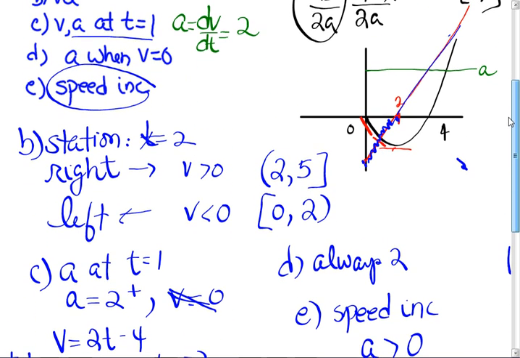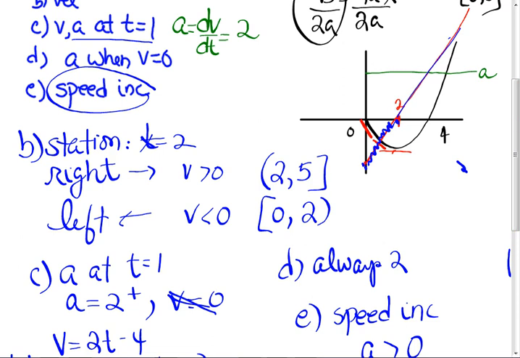Speed's increasing, even though the velocity is negative here, it doesn't matter. Is the velocity getting bigger and bigger and bigger, even though it's negative? Yes. Well, I want to say the velocity is increasing. Is the speed increasing? Better come back on that one, because I don't think I'm right.